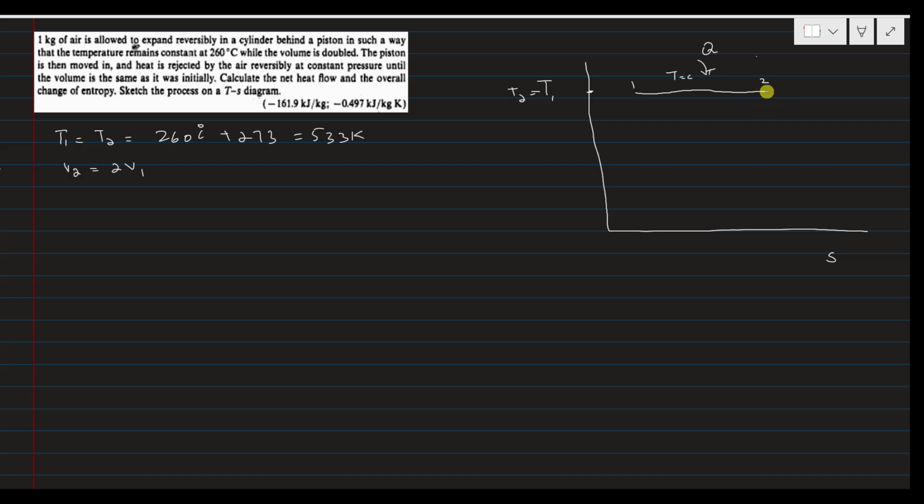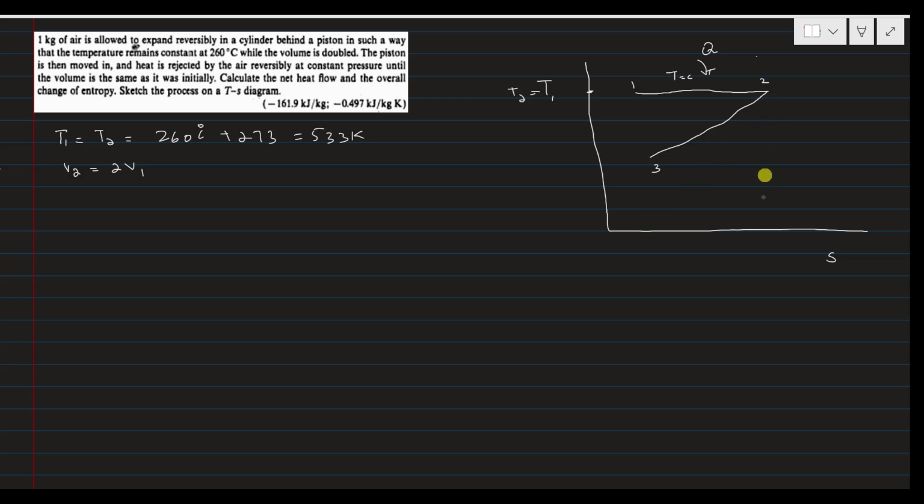Now the piston is moved inside and heat rejection takes place. So it is obvious that if heat rejection takes place, the entropy will drop and the corresponding temperature will also drop. So this is 1 to 2 up to 3.